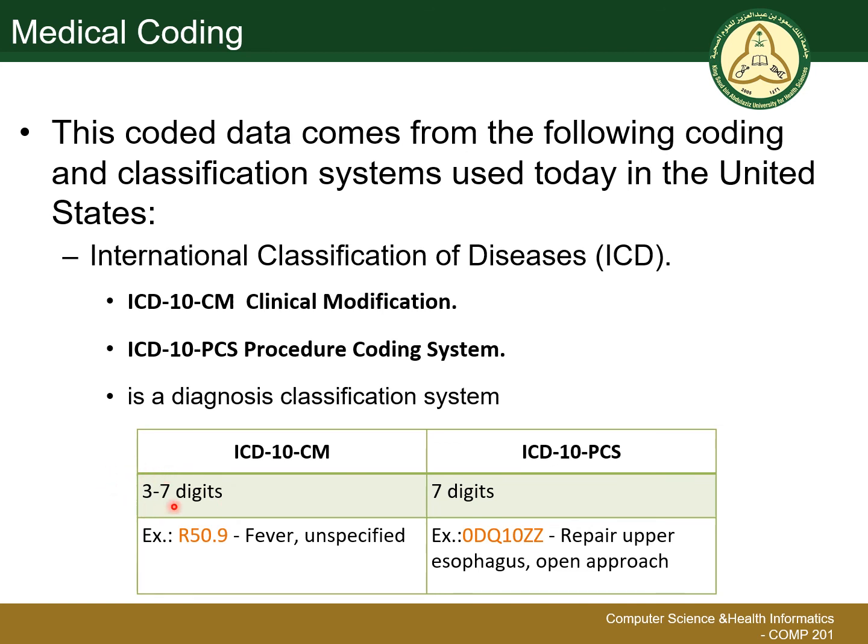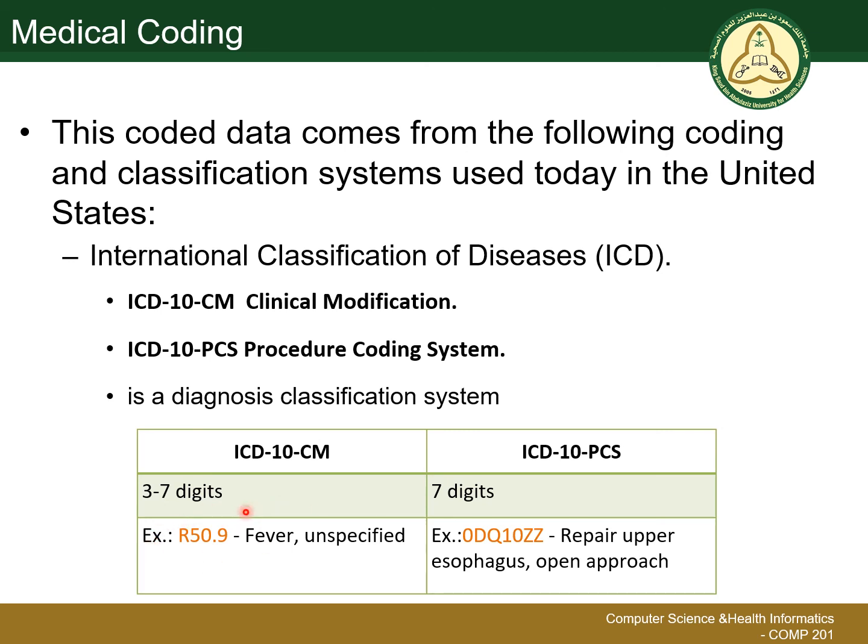In the ICD-10-CM, we have from 3 to 7 digits, and in the ICD-10-PCS, we have 7 digits always. So we have always 7 digits, and the CM between 3 to 7.